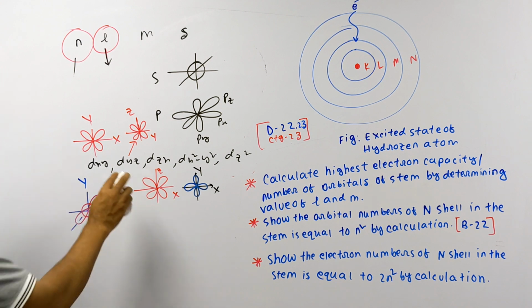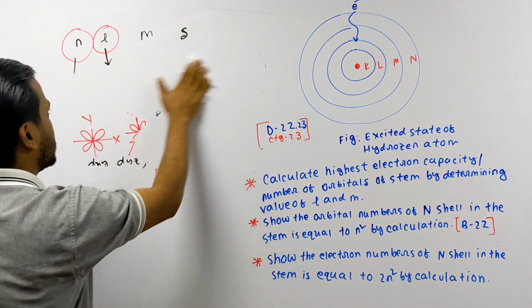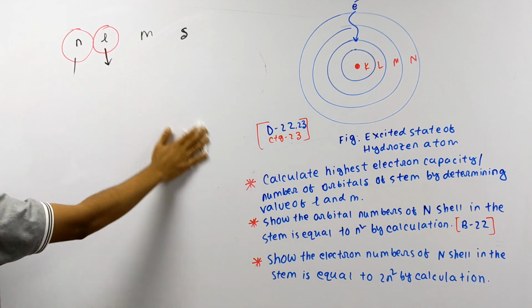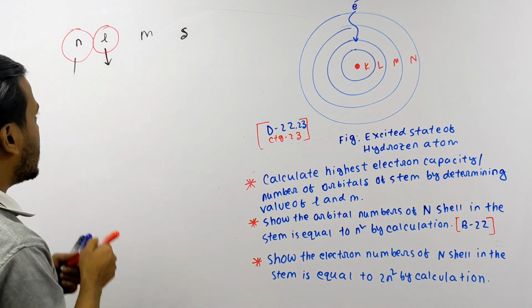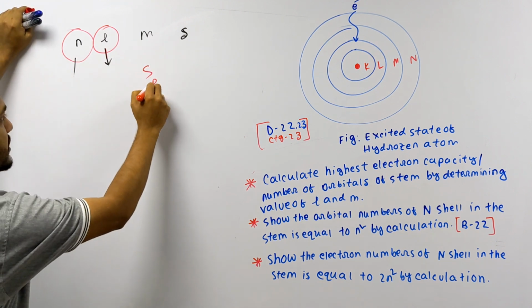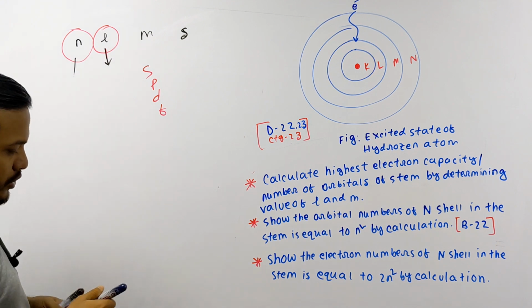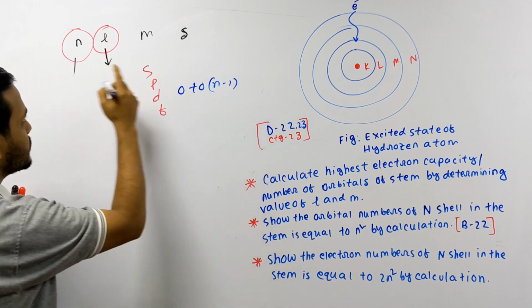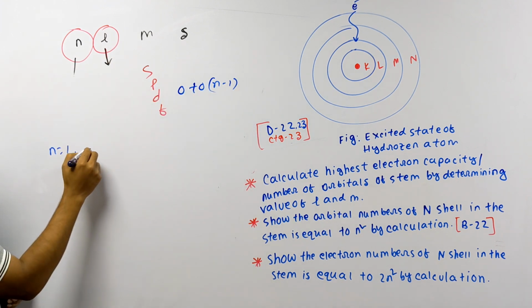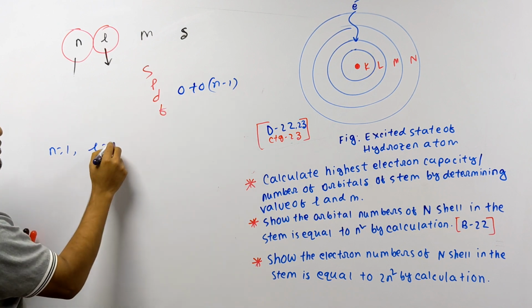Now there are also 7 f orbitals, but first of all we should know what is L. L means shell, subshell or orbitals. So L may be any subshell: s, p, d, f. For L, the value should be 0 to n minus 1. Suppose n is equal to 1, then L should be 1 minus 1, I mean 0.